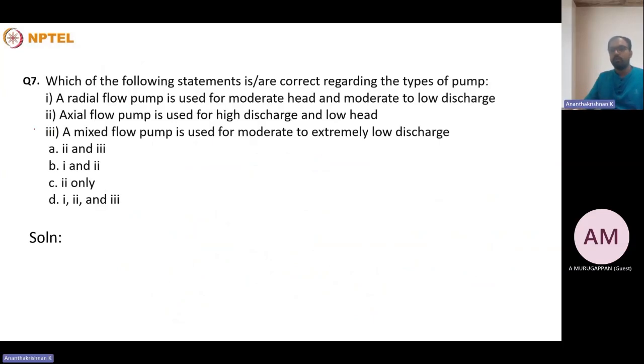We can move to the next problem. B is the correct answer. Option 1 and 2. Right.